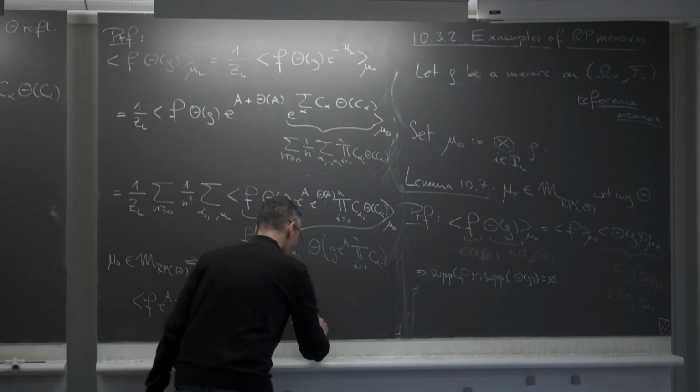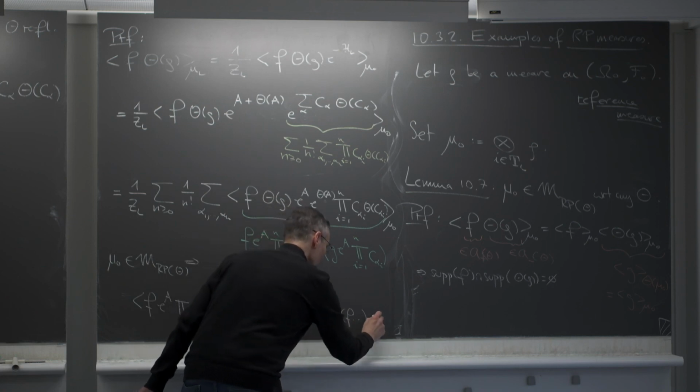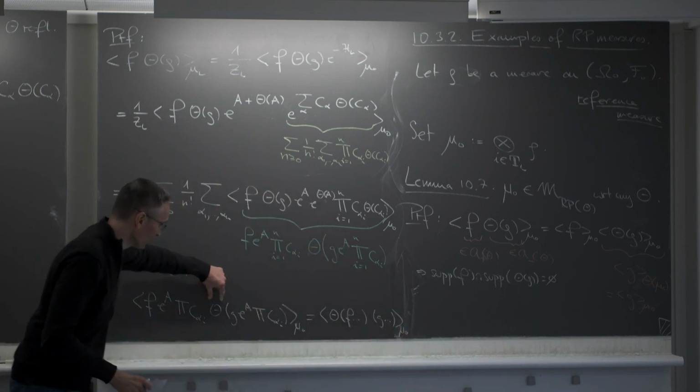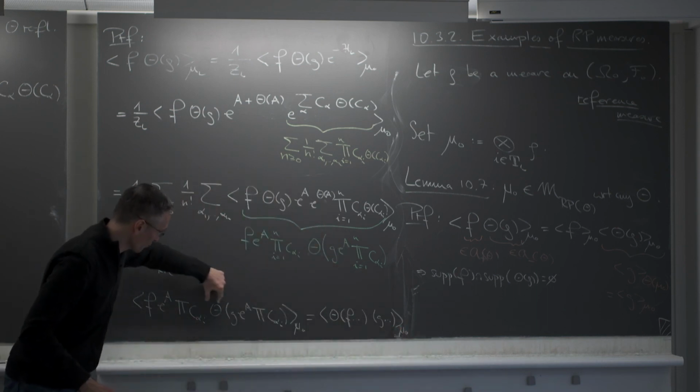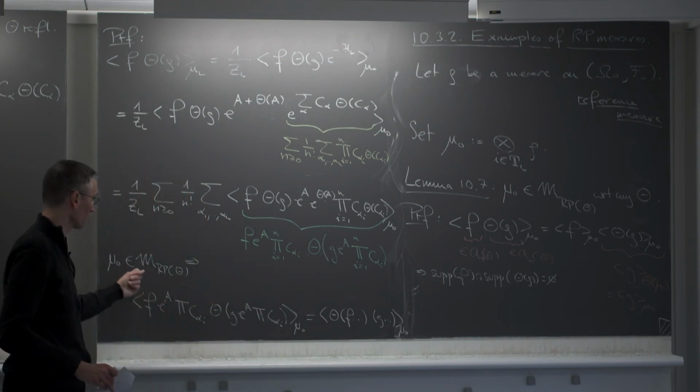Okay, so it's equal to theta of f and all this mess times g and all this mess. I'm just moving theta from acting on this function to acting on this function. Okay, I can do that because it's the first property of reflection positive measures, and mu 0 is reflection positive.